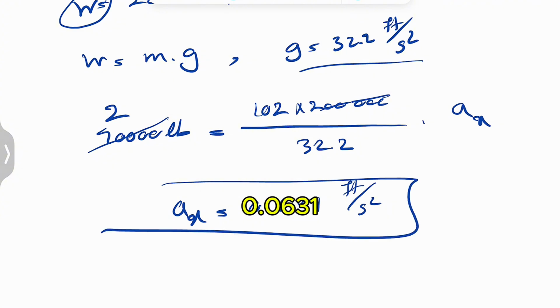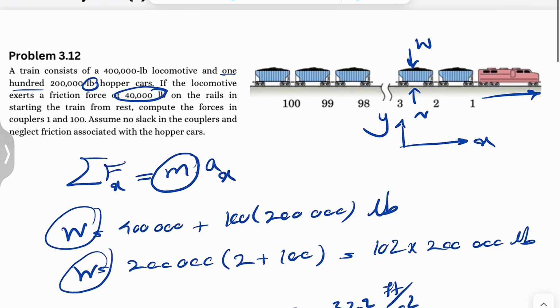All right, now that we have this, all we need to do for the second part is just do our cuts. One in here for the first car and one here for the last one, which is number 100. For the first one, basically what we're going to have is the rest of the system in the back.